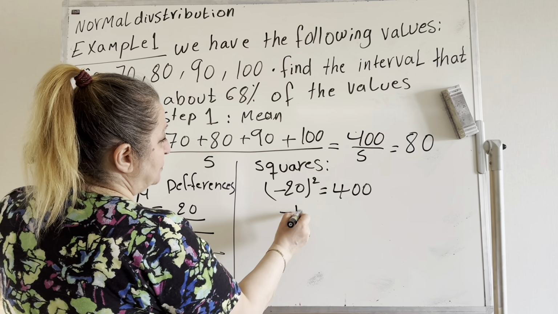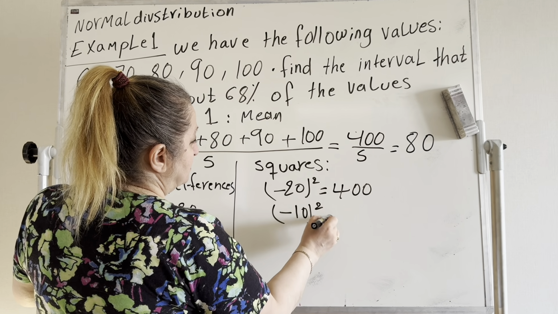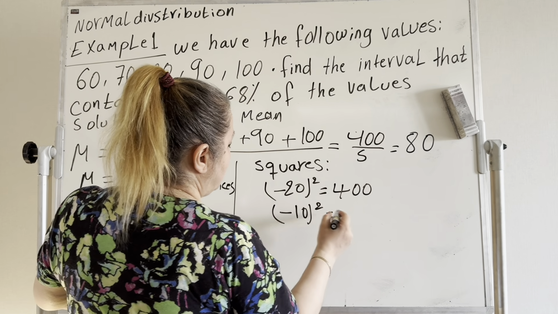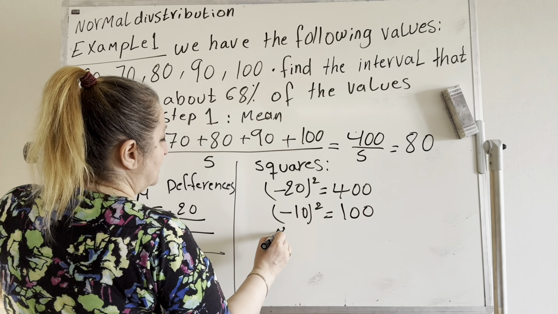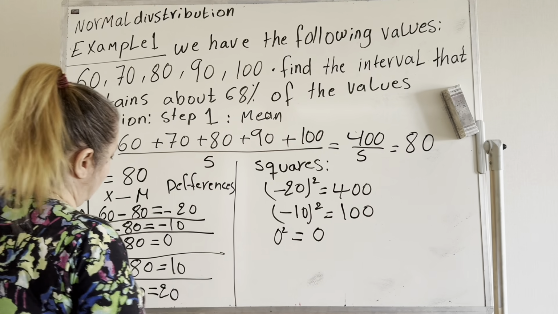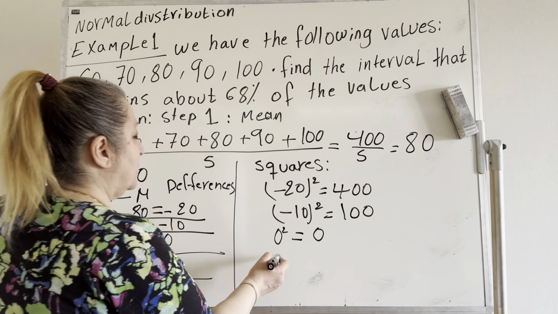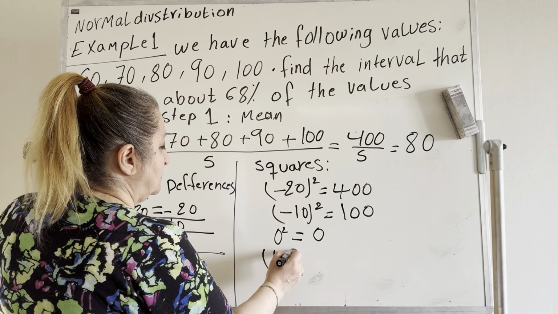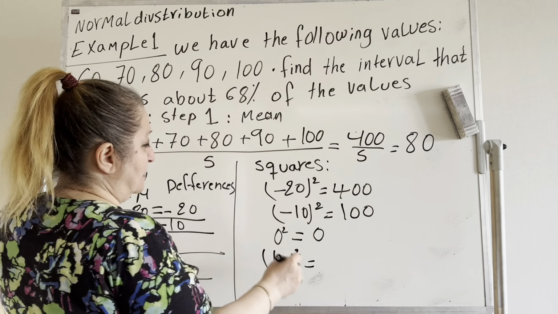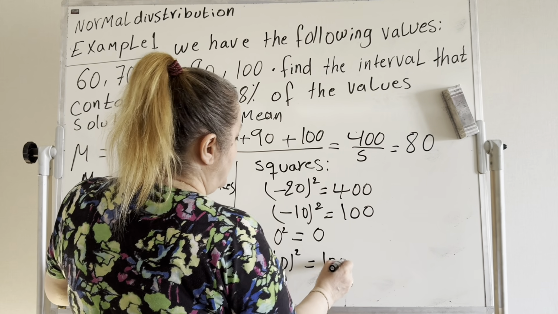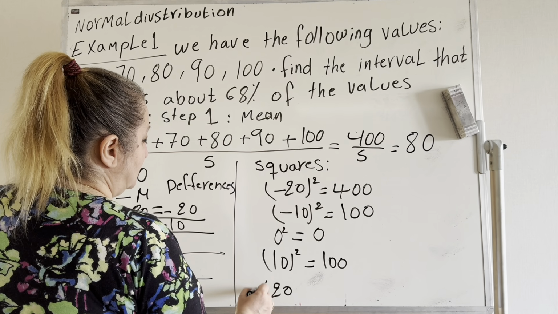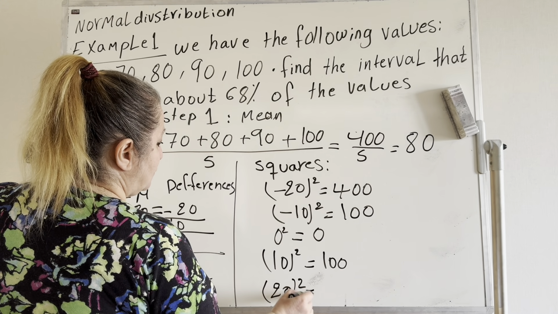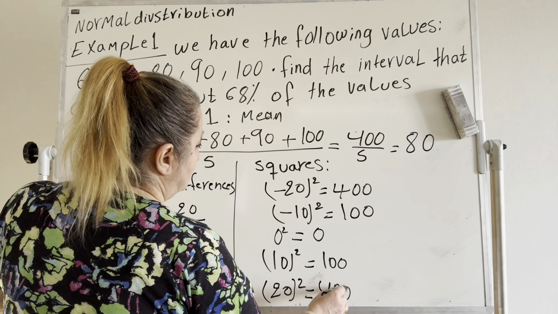Minus 10 squared, minus 10 times minus 10 equals 100. 0 squared equals 0. 10 squared, 10 times 10 equals 100, and then 20 squared, 20 times 20 equals 400.